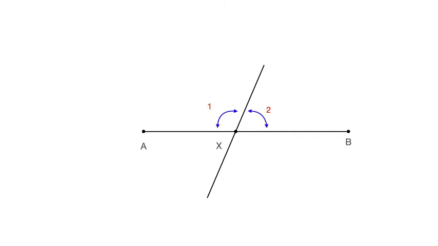We now have two angles, 1 and 2, where angle 1 does not equal angle 2. Euclid took it as obvious that when you add angles 1 and 2 together, you still wind up with a sum of 180 degrees.